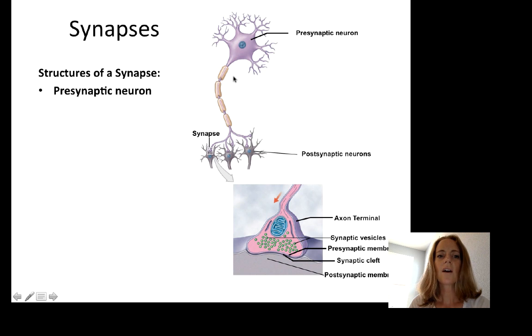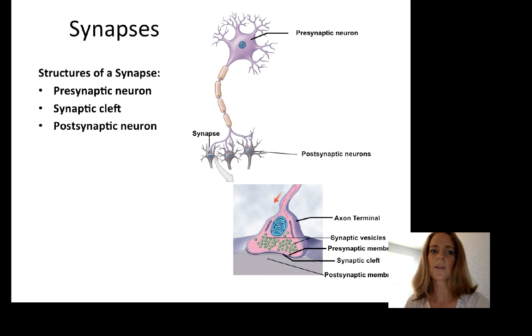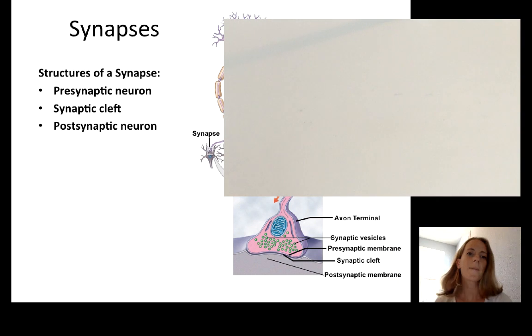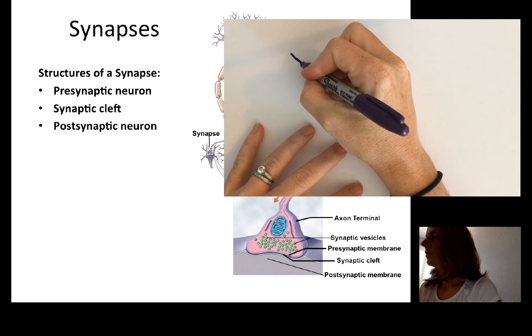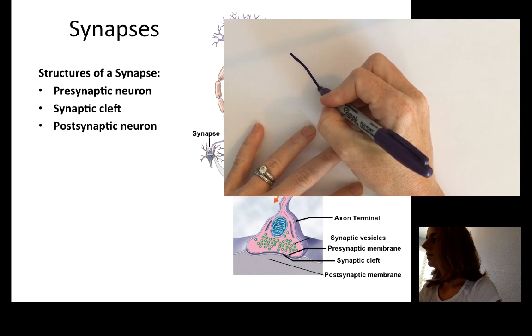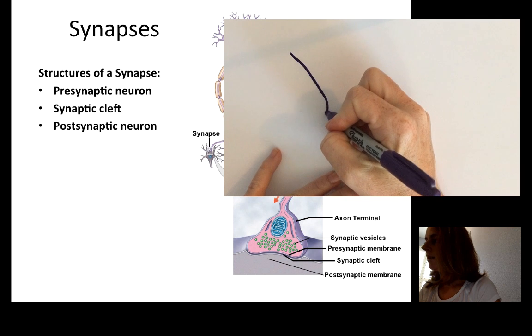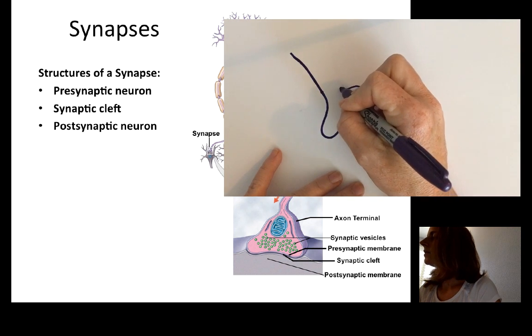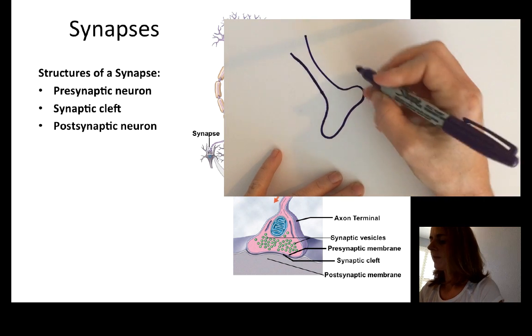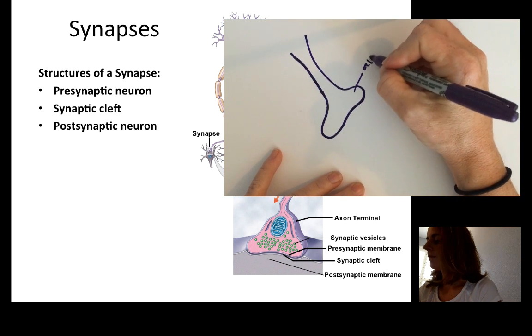So let's talk about the structures of a synapse, and we are going to draw this out. So let's draw it out. Okay, so at a synapse, what you have is the axon, which will carry the action potential, traveling in, and then it's going to end in this little bump we call the axon terminal.